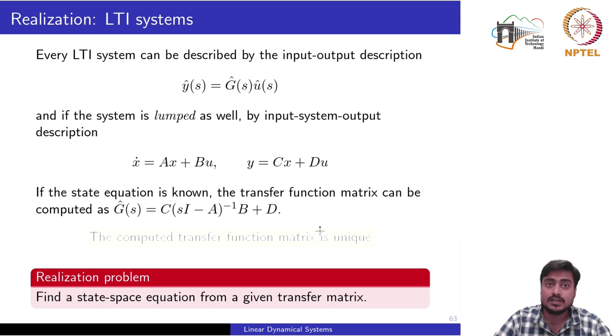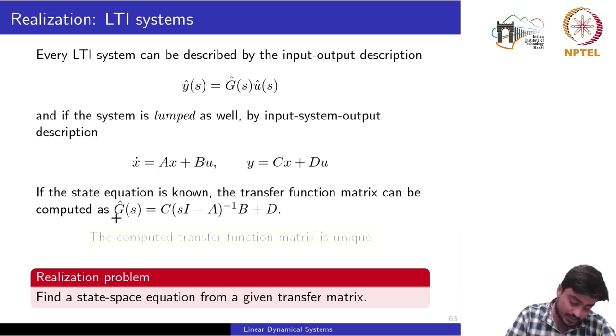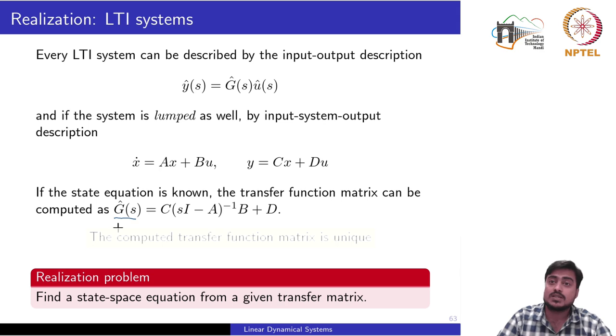Let's say some g hat of s is given to us. We know that g hat is a unique description of the system. For this unique description we need to identify one state space representation, and there could be an infinite number of state space representations. So we need to address the problem of computing the state space equation from a given transfer matrix.